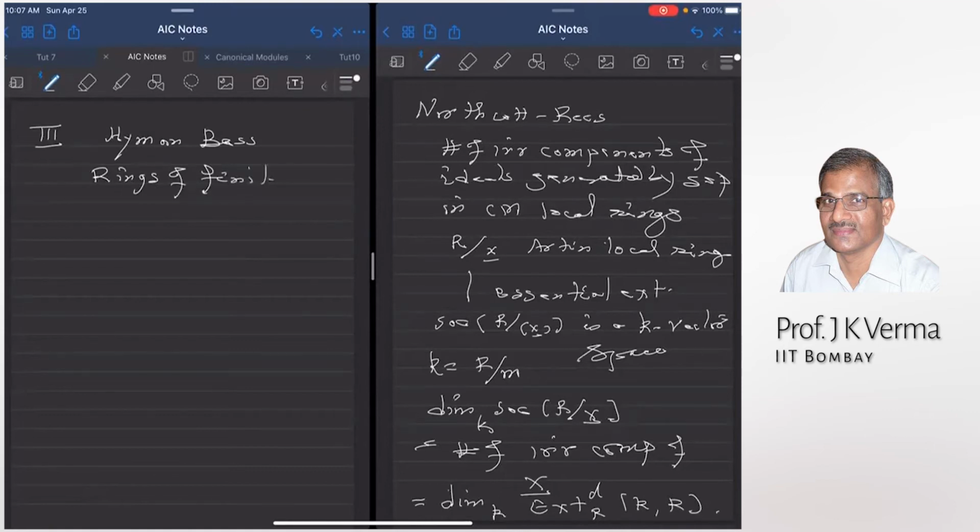Just around that time, regular local rings were characterized by the property that these are exactly the rings where the residue field has finite projective dimension. Therefore, it was natural to investigate modules which have finite injective dimension, or rings which have finite injective dimension. So for Hyman Bass, rings of finite injective dimension are Gorenstein rings.